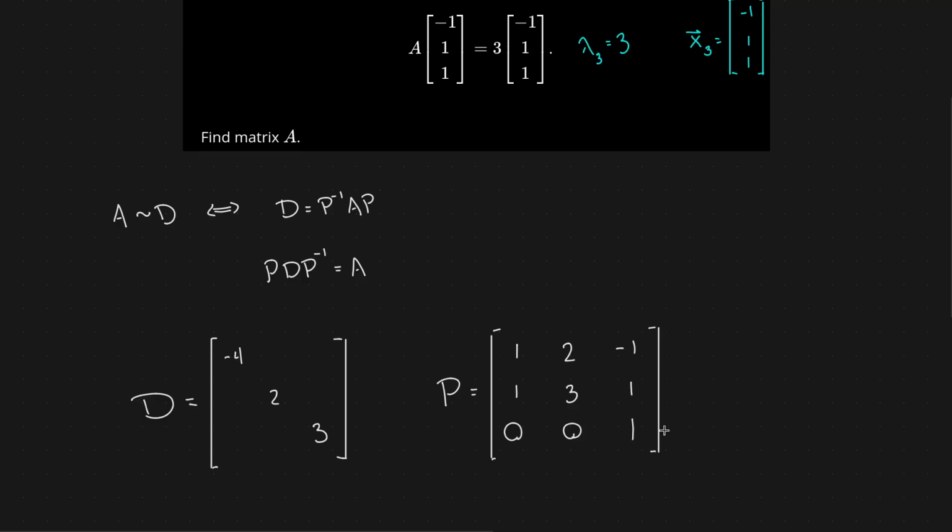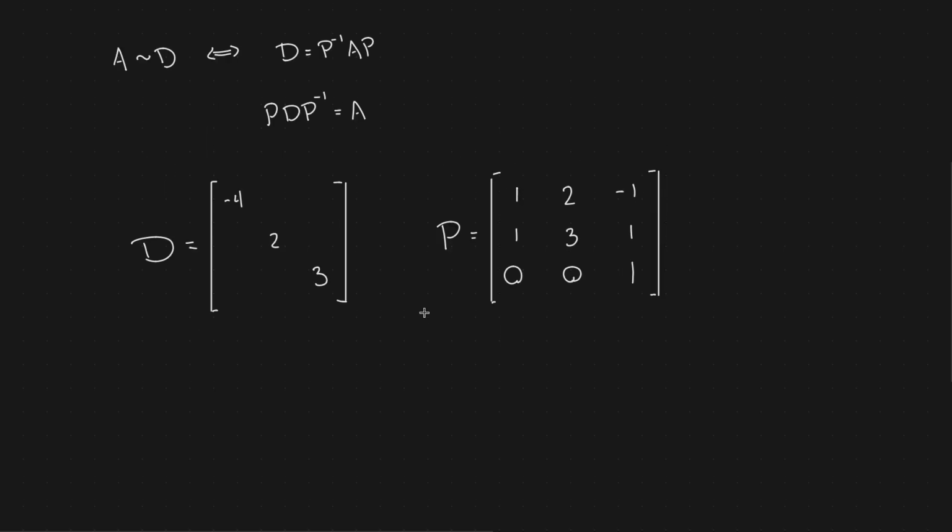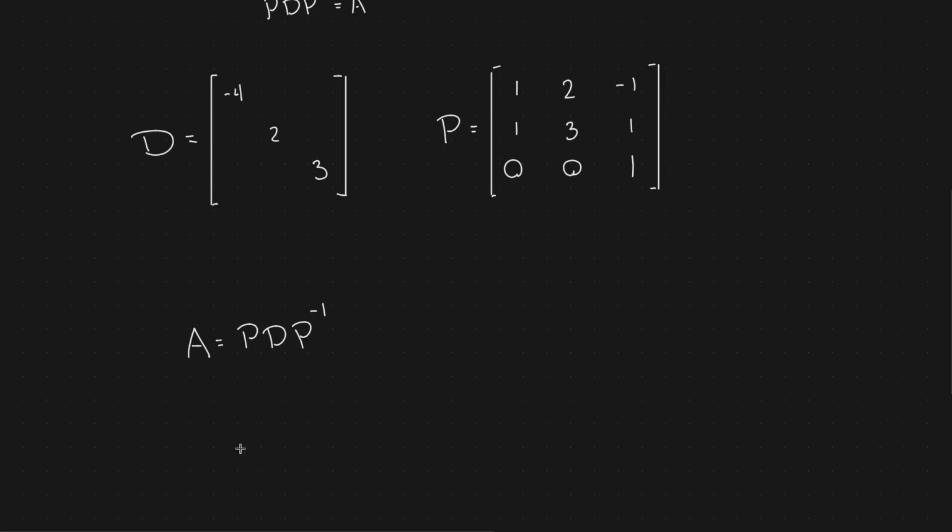Okay, all right. So with that out of the way, we have P, we have D. We need to find matrix A. Now, matrix A is going to be P times D times P inverse. So A is equal to P times D times P inverse. So let's plug in what we know.